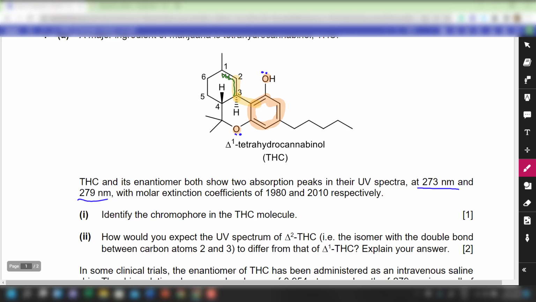Because of that, you know that the energy of the gap is equal to hc over lambda. So a smaller gap will mean that it will absorb at a longer wavelength.